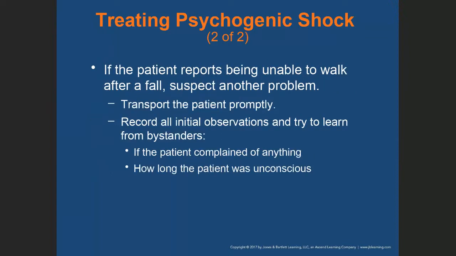If the patient reports being unable to walk after a fall, suspect another problem, transport the patient promptly, record all initial observations, and try to learn from bystanders. If the patient complained of anything, how long the patient was unconscious, these are important questions to ask and get answered.